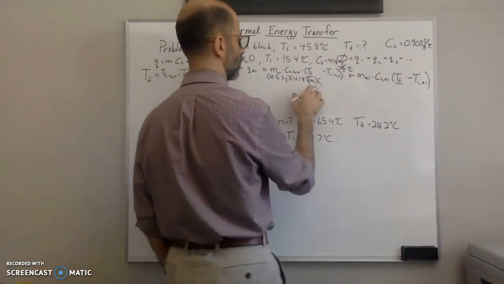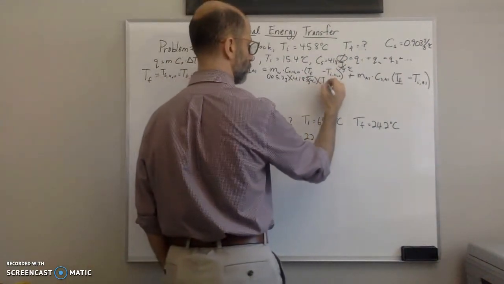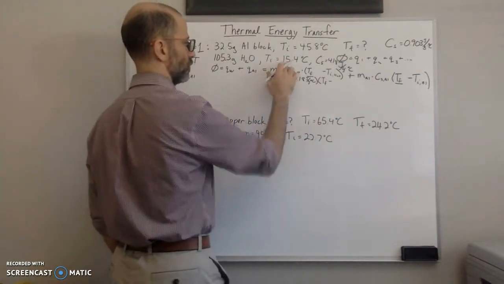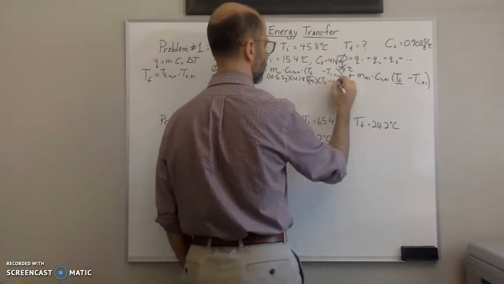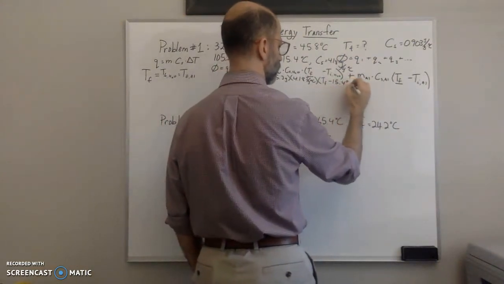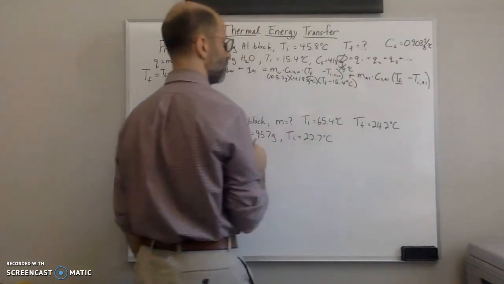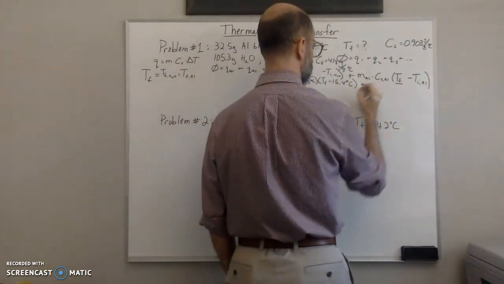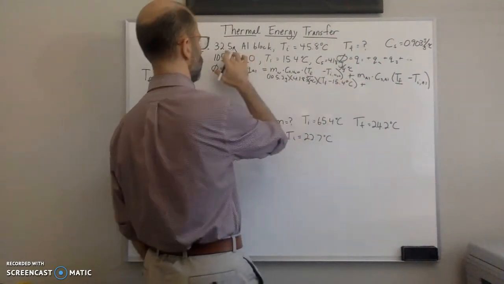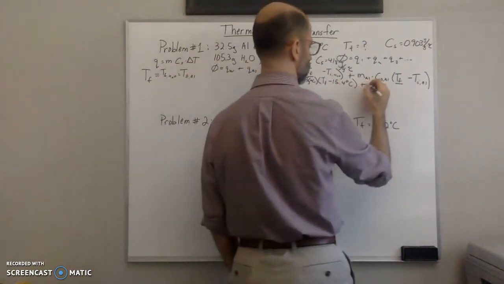So final temperature, we don't know, that's what we're looking for, minus the initial temperature of the water, which is 15.4 degrees Celsius, plus, and then we have everything for the aluminum. We have 32.5 grams.